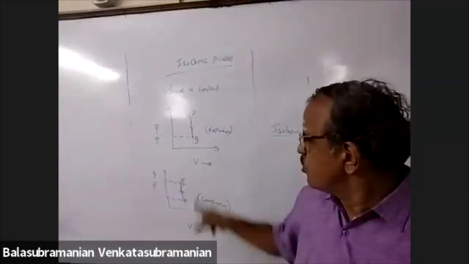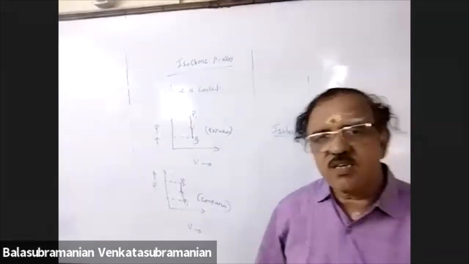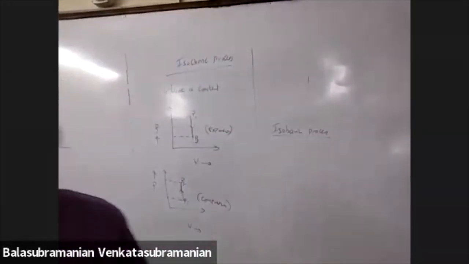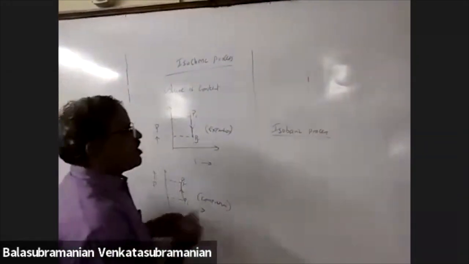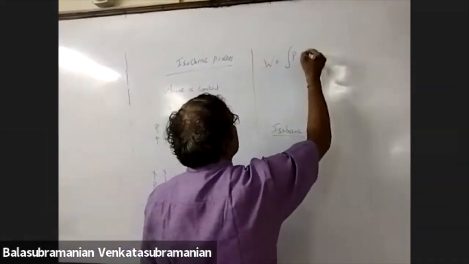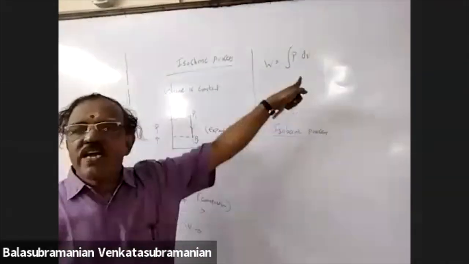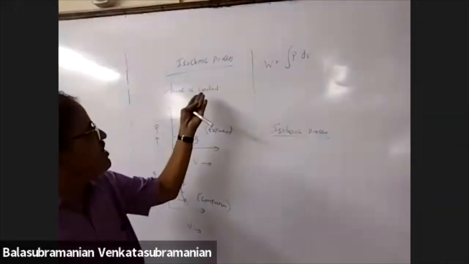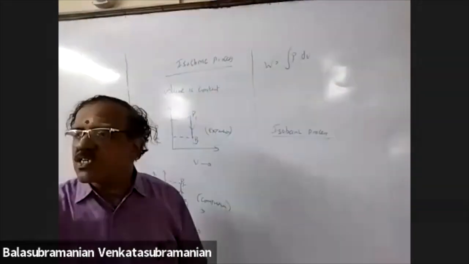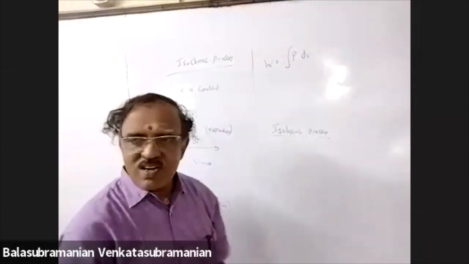In both the cases, volume is constant. No change. Pressure cooker is the best example. Now, work done I want to calculate. What is the work done formula? Integral PdV. When you say integral PdV, volume is constant there. Volume is constant means change in volume is zero.